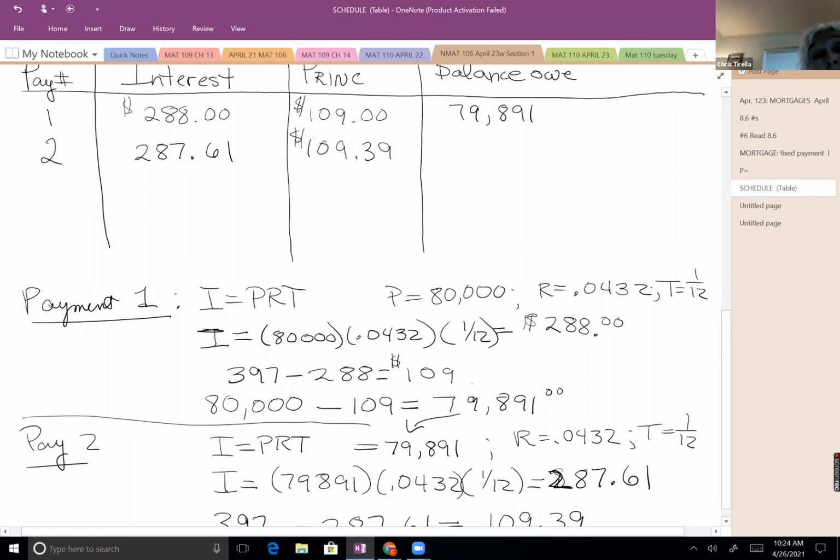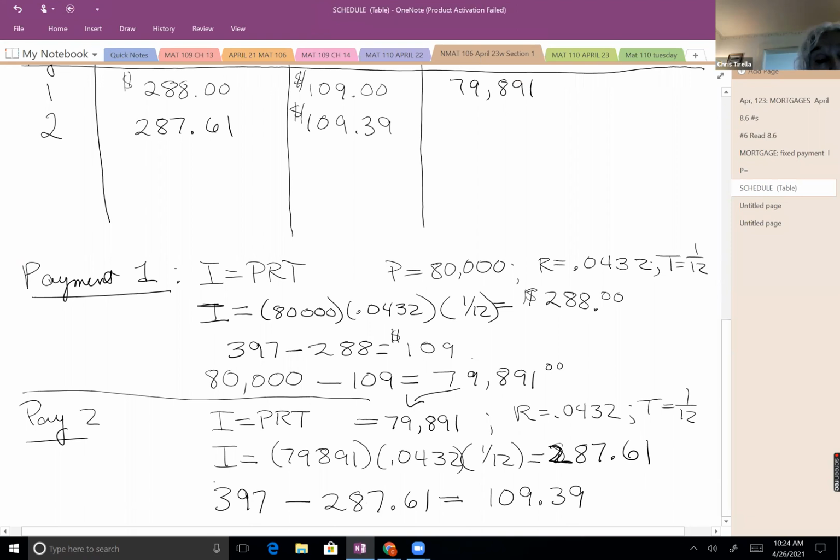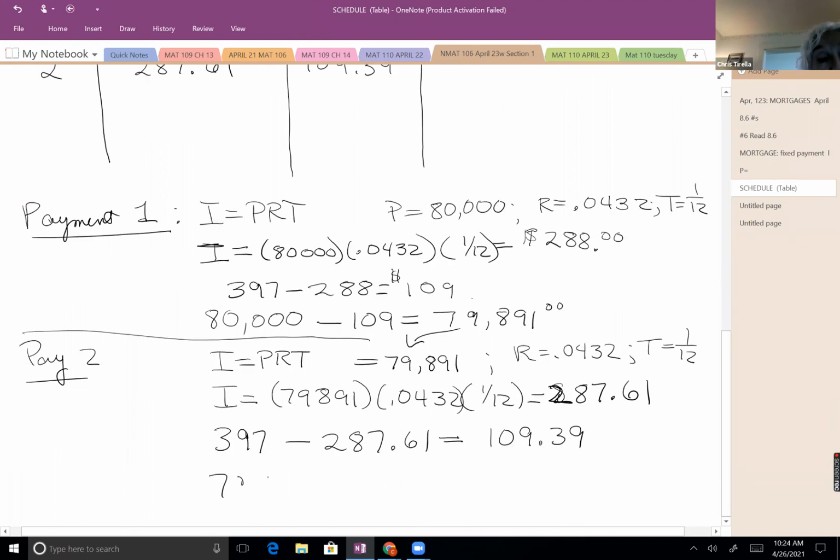And I'm owning a little bit more of my house each payment. And so when I take that 79,891 minus the 109.39, now I only owe $79,781.61.